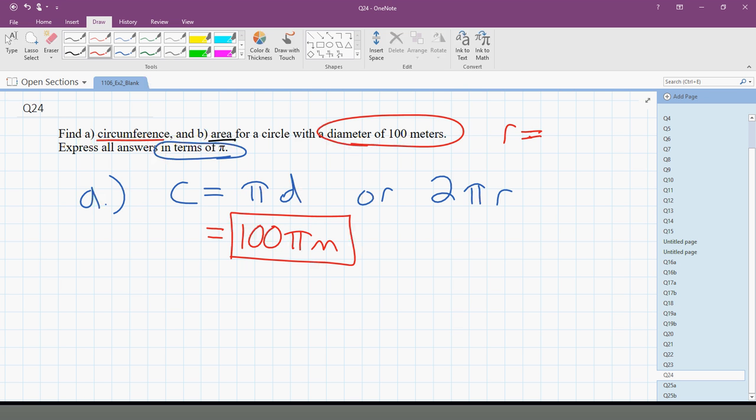How many radii make a diameter? How many radii are in one diameter? 2. So in order to find the radius, you take the diameter divided by 2, and that will tell you the radius. So real quick, what is 100 divided by 2?